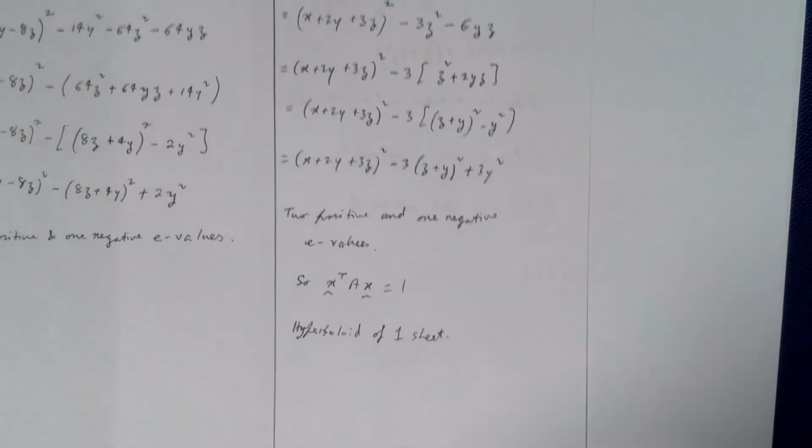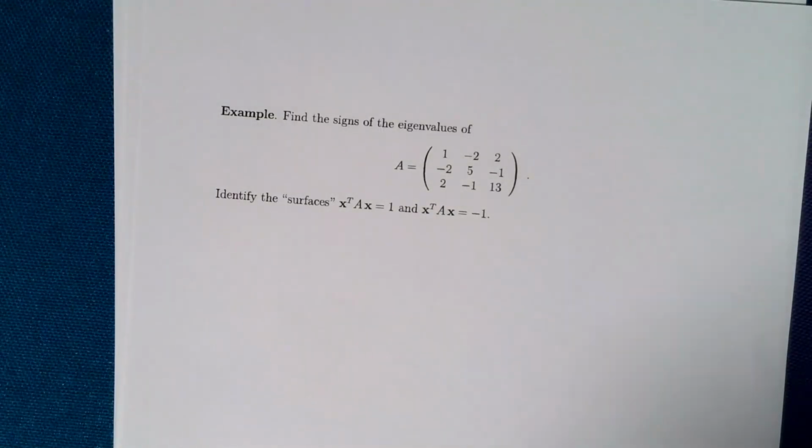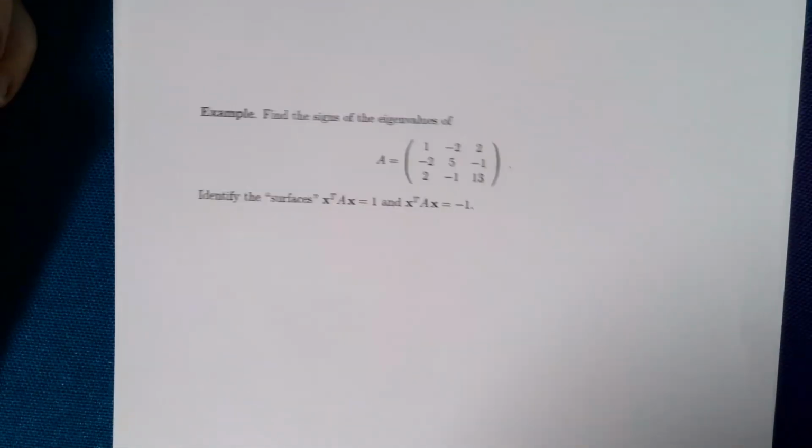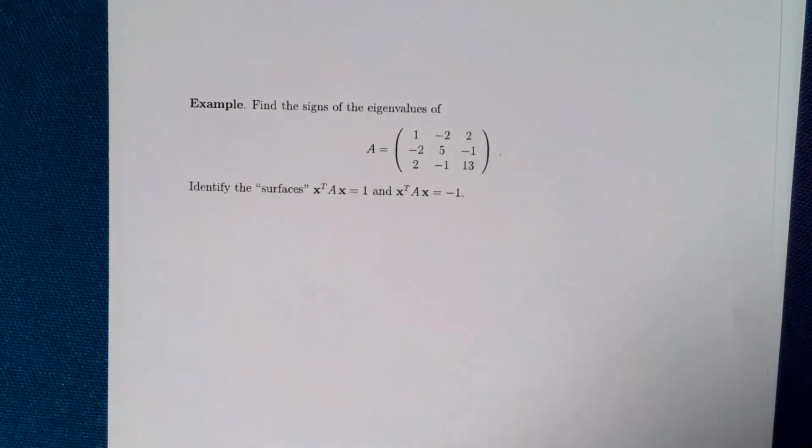Final example here. We want to find the eigenvalues of this, and again identify these 2 surfaces. Again, you might like to halt the video and try this one yourself now and compare it with what I get. But here is the worked solution to this.